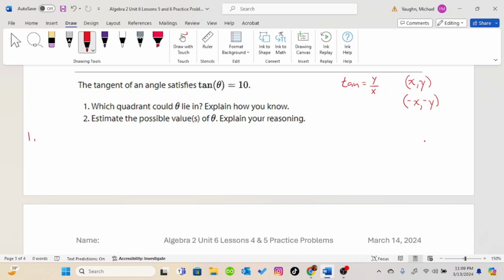So for number 1, theta could be in quadrant 1, where x is positive and y is positive, or in quadrant 3, where x is negative and y is negative.